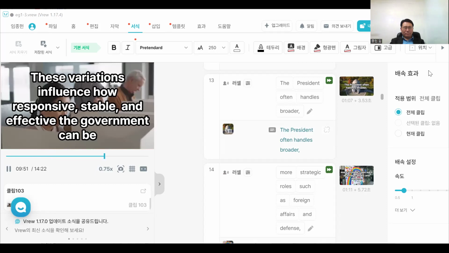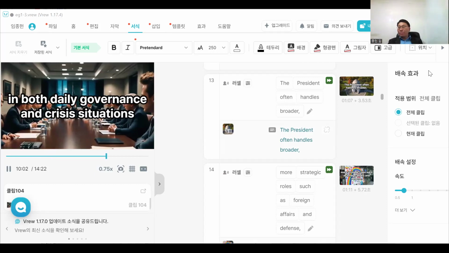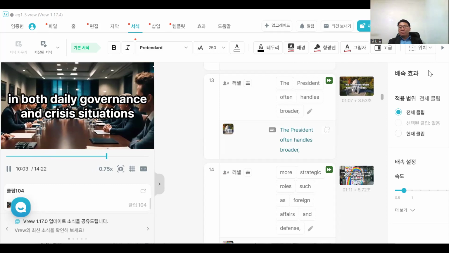These variations influence how responsive, stable, and effective the government can be in both daily governance and crisis situations.